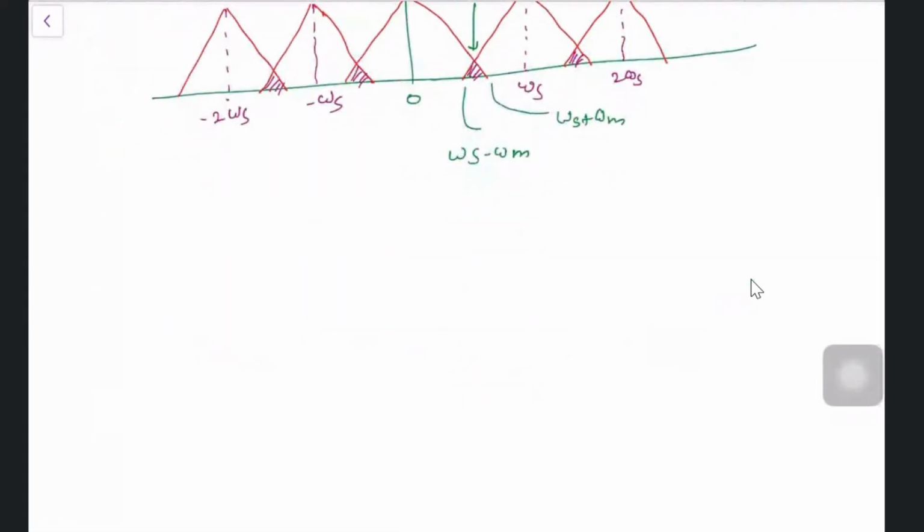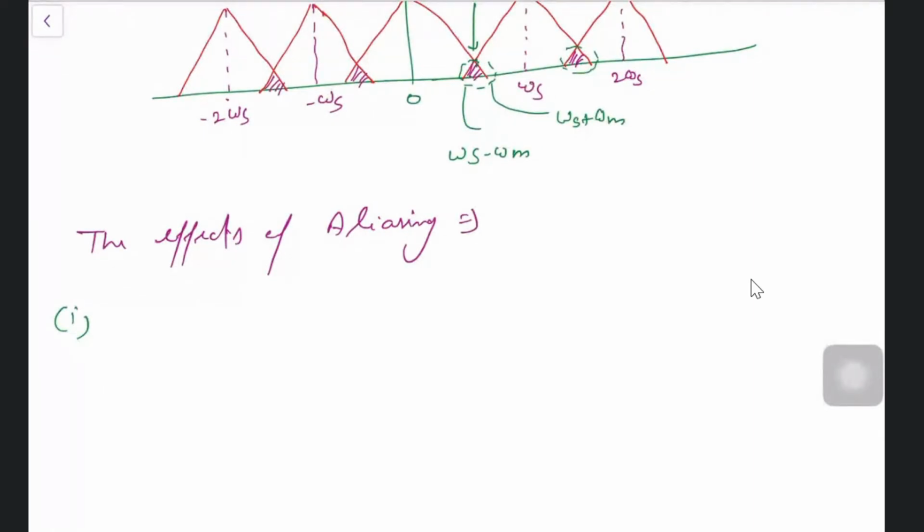Now if I talk about the effects of aliasing, the most important is we are losing some data. Obviously there is some information available over here, and this information is overlapping each other, so we are not receiving the correct information.